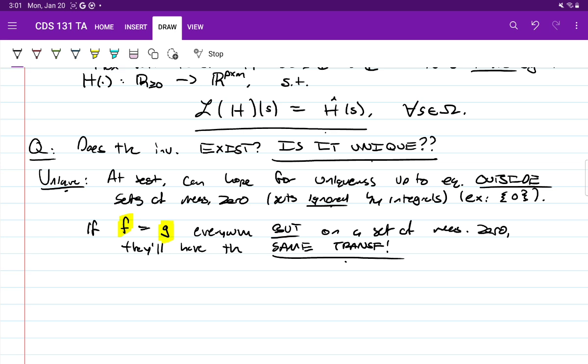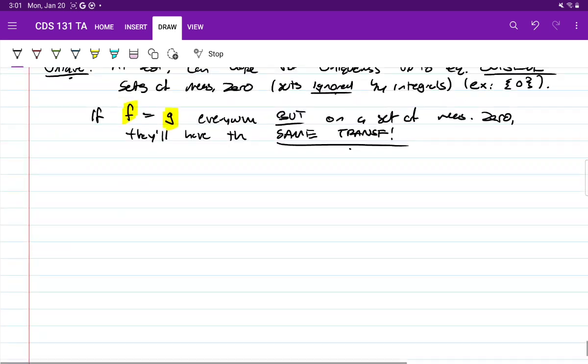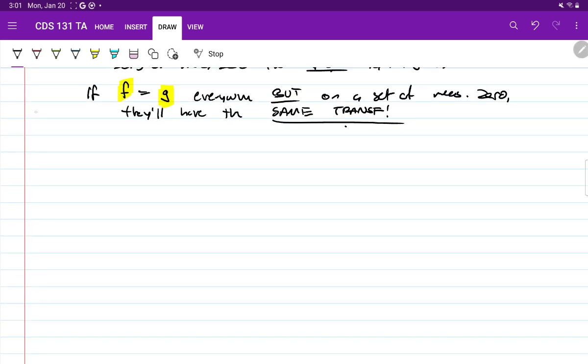Okay, so I want to just outline a class of complex functions which has a unique, well-defined inverse in this sense. I'll say lemma, and this is the inverse of strictly proper rational functions.